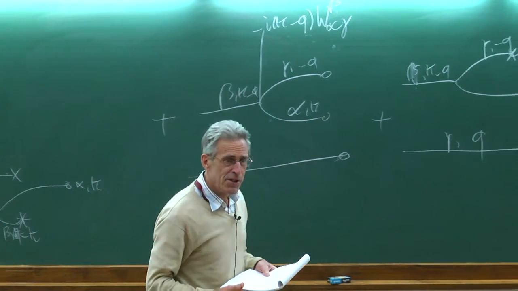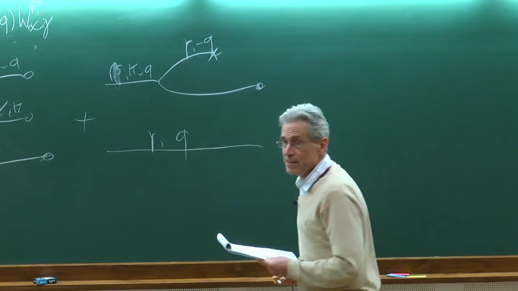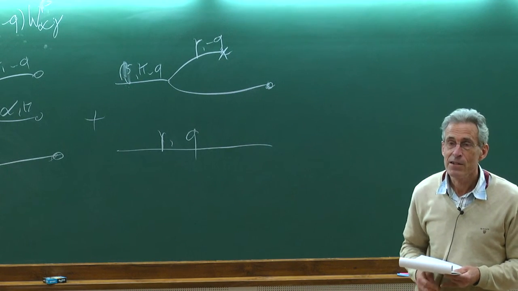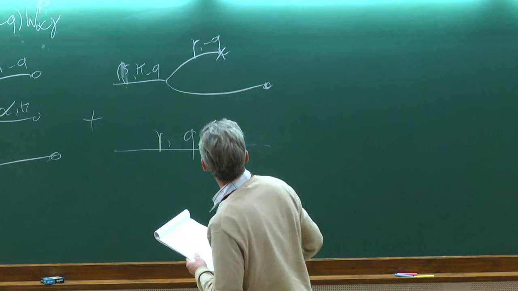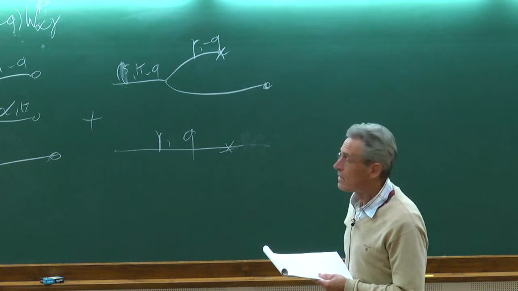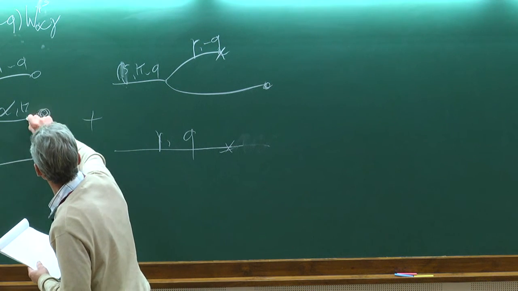So if all these W's are equal, that works, and otherwise it doesn't. So the first diagram means the branching ends with the cross? No, this one ends at an asterisk. The first one, let's see, this ends at a dot.